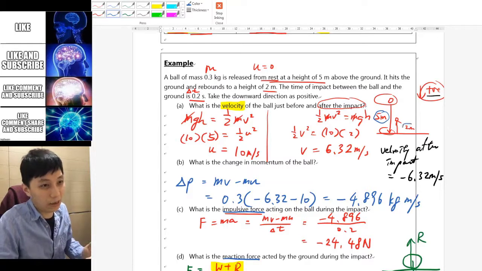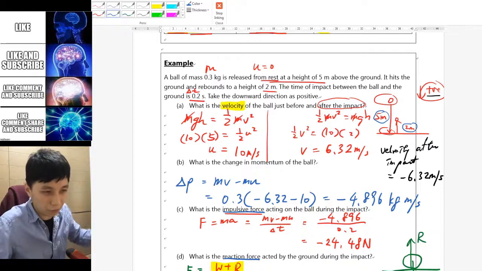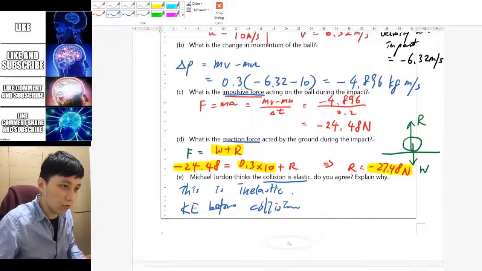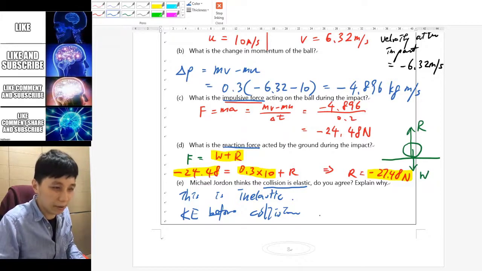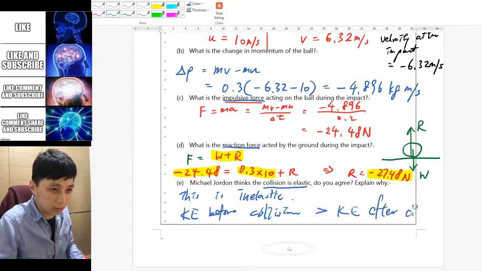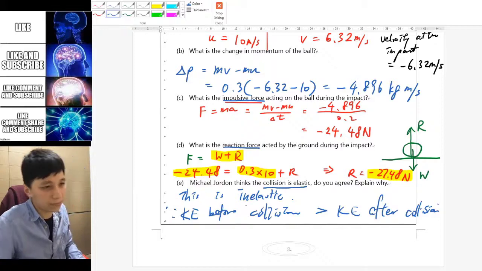And after collision it can go back up to 2 meter only. So obviously some KE is gone, and that's why it cannot go back up to the same height. So if you want to calculate, that's fine, but I'll just say KE before collision is greater than KE after the collision. Alright, and that's why it is inelastic. So this would be the reason.